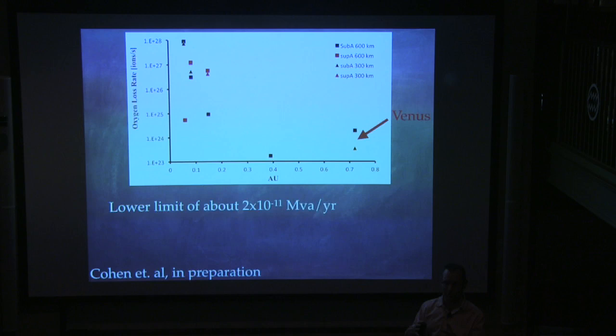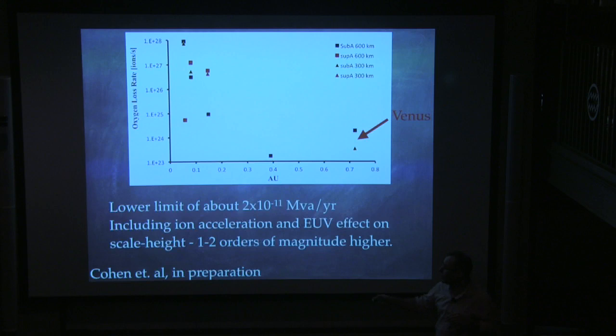They are simply created and follow the single-fluid plasma velocity. But if we do account for that, we can get about 1 to 2 orders of magnitude higher mass loss rate. And this means that over the course of 1 billion years, the planet can lose all of its atmosphere, or a significant amount of it.